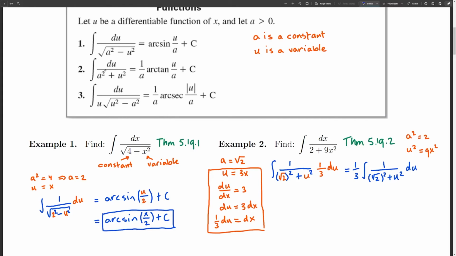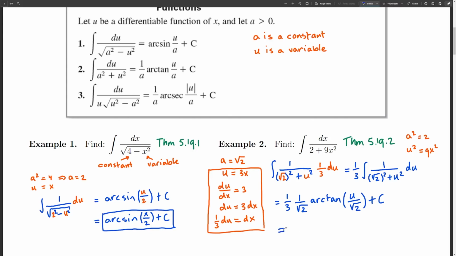Now I'm going to look at theorem 5.19.2, and I see that it gives me as an integral 1 over a, so that's 1 over square root of 2, times the arctan of u over a, which is u over square root of 2. And then plus my constant of integration.